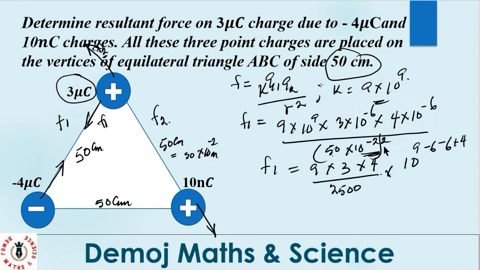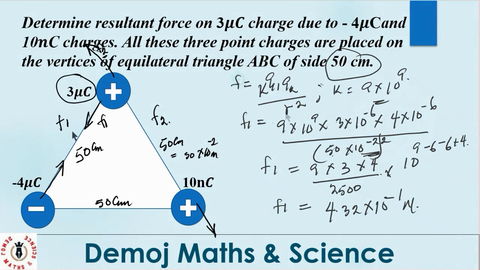Minus 2 times 2 is minus 4, but it's 1 over 10 raised to power minus 4, so it becomes plus 4 up here. So putting all this together, from my calculator, F1 will be the same thing as 4.32 times 10 raised to power minus 1 Newton.